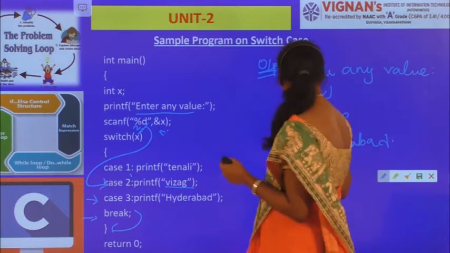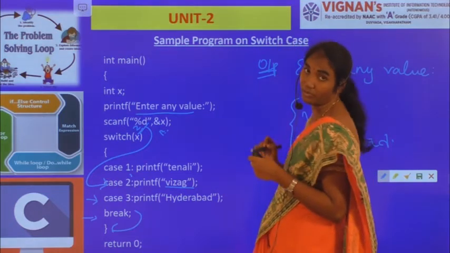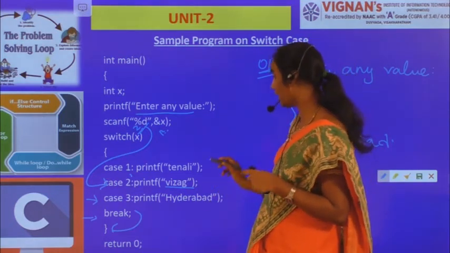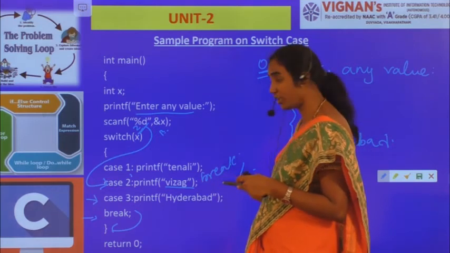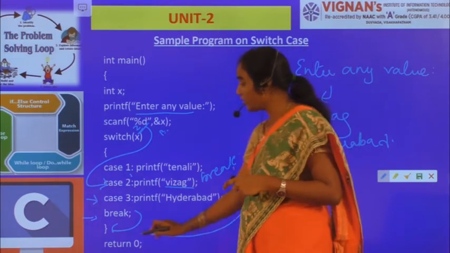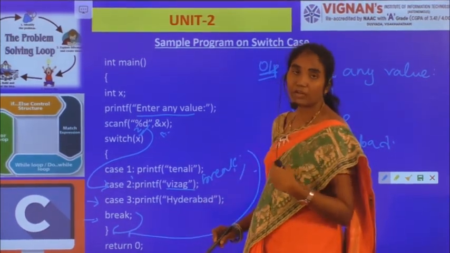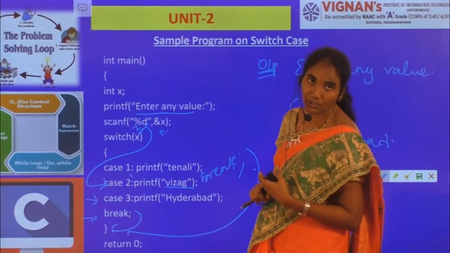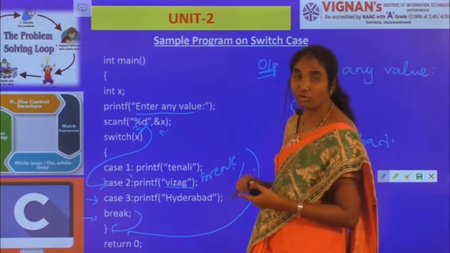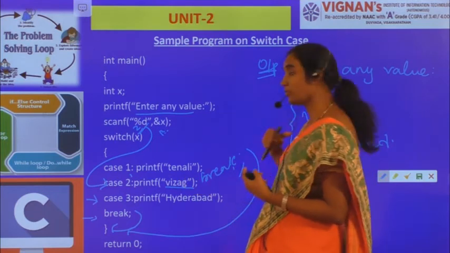So here I am getting both Vizag and Hyderabad. Why? Because I don't have a break statement over here. If I had a break statement here, then the control would come to the end of your switch block. Since the break statement is not there after case 1 and case 2, I have this type of output.